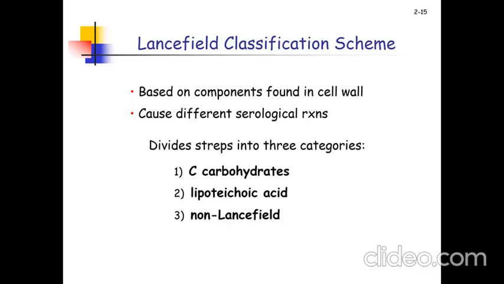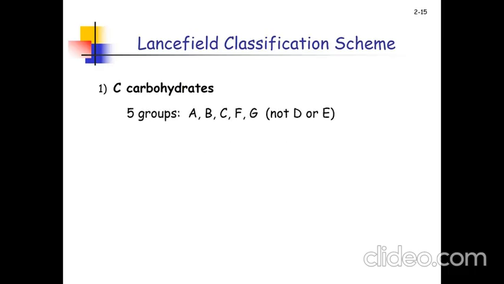So let's take a look now at the C carbohydrates. What Rebecca Lancefield did is she would take these, and I like to think of them as antigens, these C carbohydrates, and inject them into the rabbit, and she would get different serological reactions based on which one she was injecting.